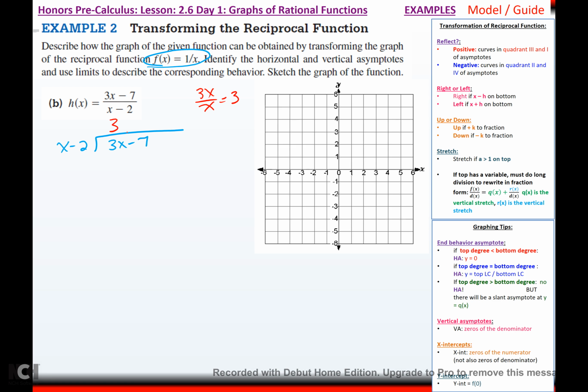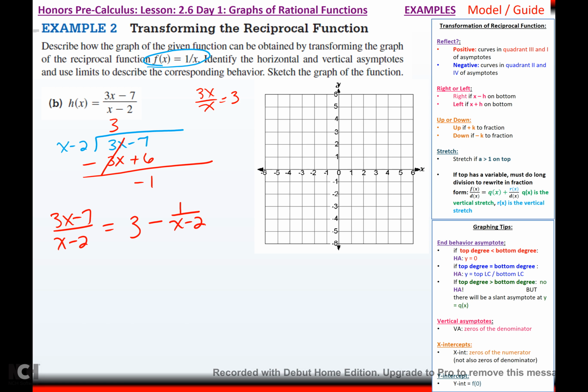So I put 3 up, multiply down. 3 times x is 3x. 3 times negative 2 is negative 6. Draw the line, change the signs, cancel the x, and I have negative 1. So (3x minus 7) over (x minus 2) equals 3 minus 1 over (x minus 2).